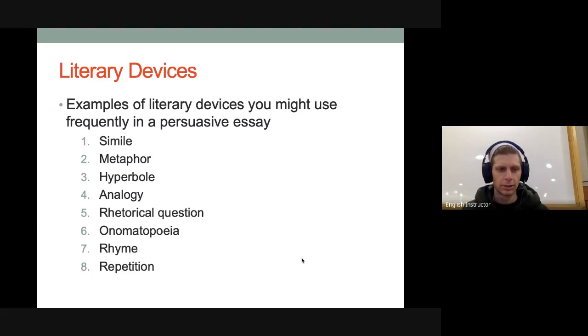So the examples that I've come up with, and again, we've seen a couple of these things already today, are similes, metaphors, hyperbole, analogies, rhetorical questions, something we're going to talk about called onomatopoeia, rhyme, and repetition.